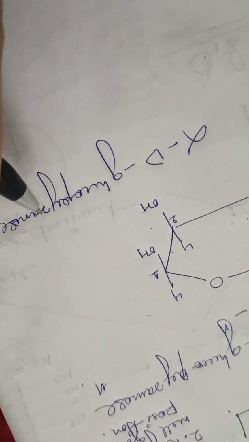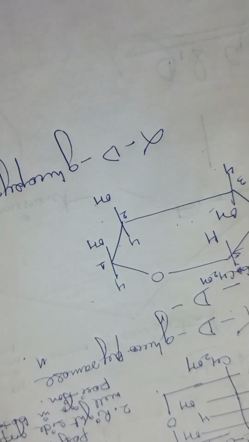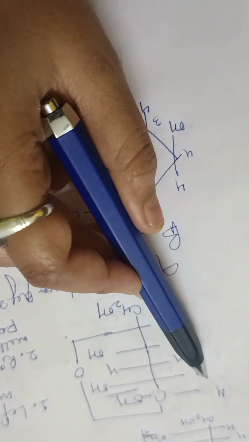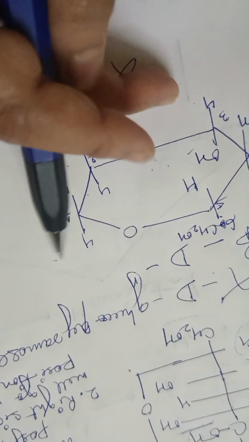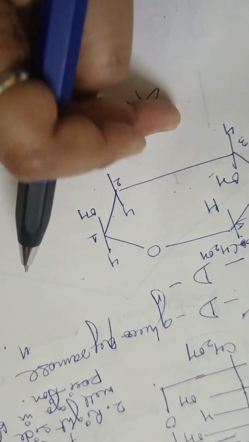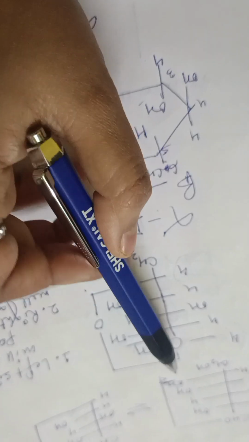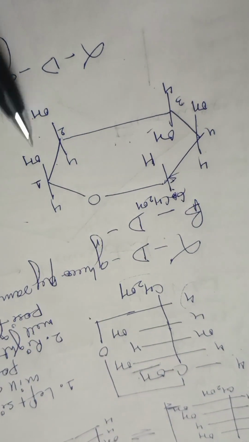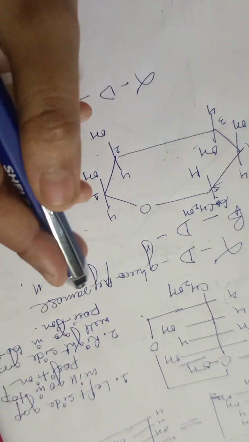And if OH is on the left side over here, means OH on the top, then it is beta. So just take your time and draw beta-D-glucopyranose for me. You can do it. Draw this one also, then draw this one. The entire process, because only if you practice the entire process will you be able to do it.